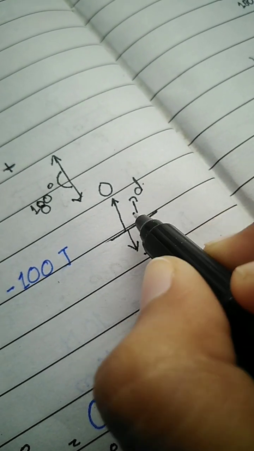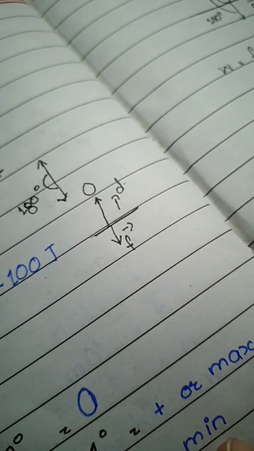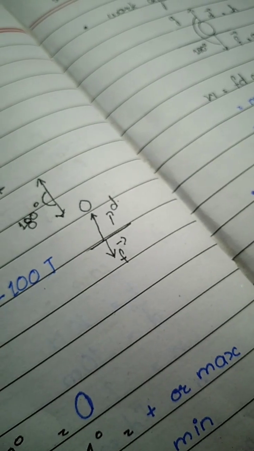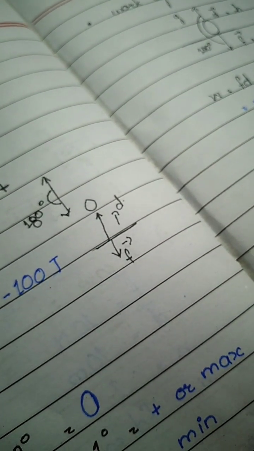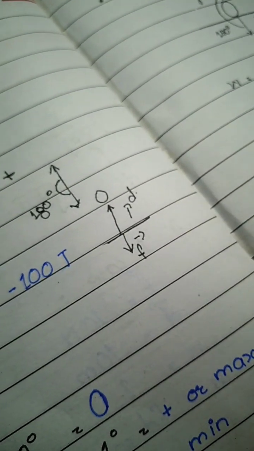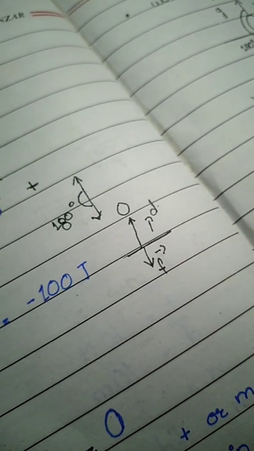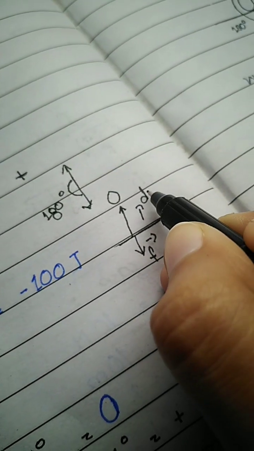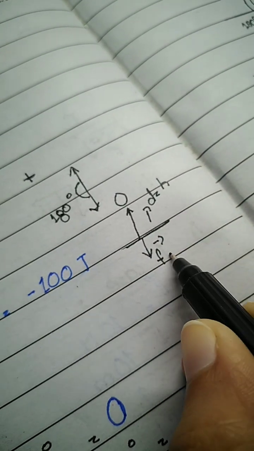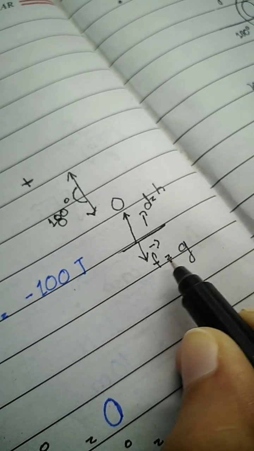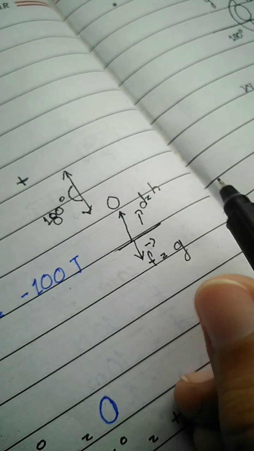Okay, so in this condition, when we talk about the object or the gravitational force with respect to gravity, or Newton's law with respect to gravity, we take D as H and F as G, because we are talking about the gravitational force.